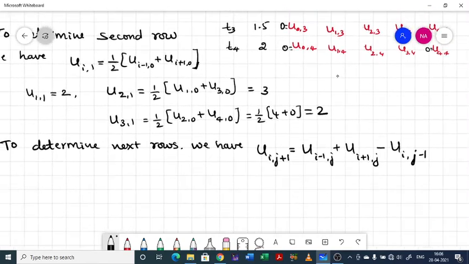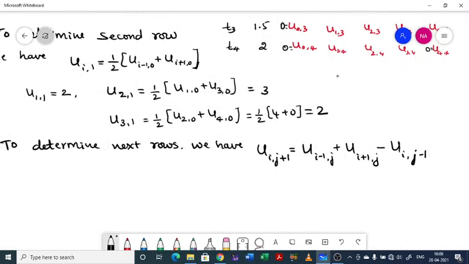u 1 comma 2. What will be u 1 comma 2? If you use the formula, u 1 comma 2 will be u 0 comma 1 plus u 2 comma 1 minus u 1 comma 0, it will be 0 plus 3 minus 3, so 0.